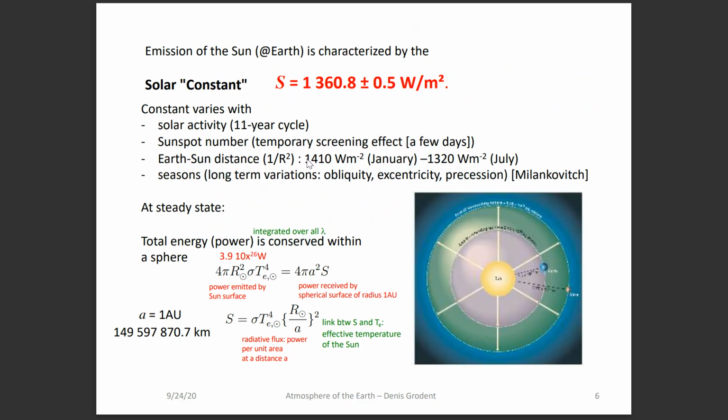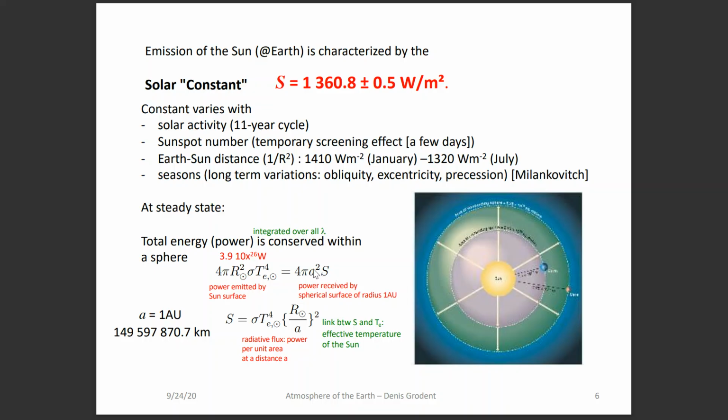So this is about sun emission now. The sun emits 4 pi radius of the sun squared, sigma Te to the power 4, assuming that the sun is a black body. And what is received by the sphere, the whole universe, I would say, not universe, but all the solar system, sorry, is 4 pi a squared times the power s.